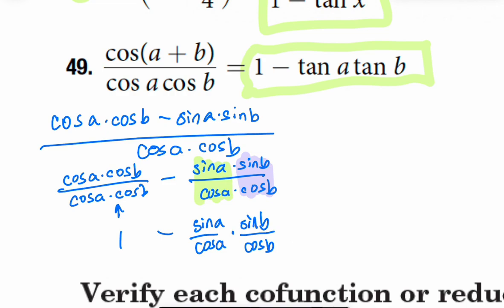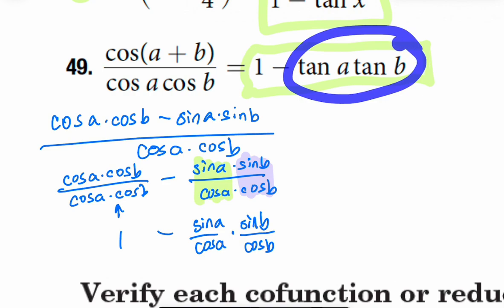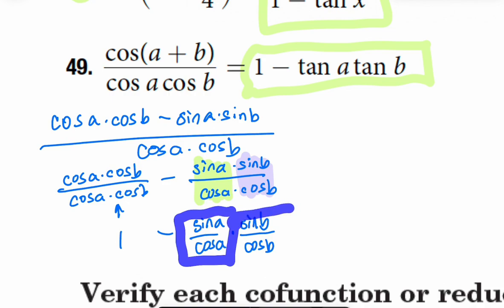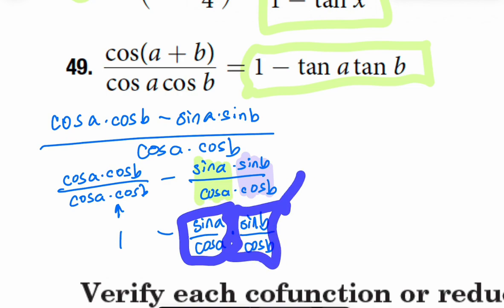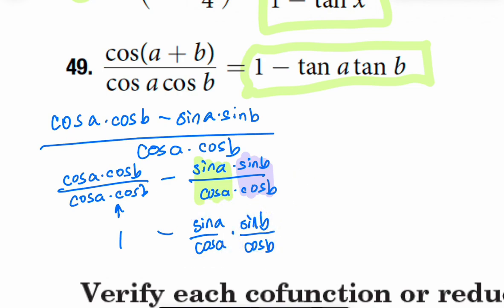We have the multiplication of two tangents. So if we write them as a separated fraction, you're allowed to do that. To multiply fractions, you multiply tops with tops and bottoms with bottoms. So by splitting the pieces up a little bit, it looks more like what we're wanting. And our final answer is 1 minus the tangent of A times the tangent of B. And so we got it.